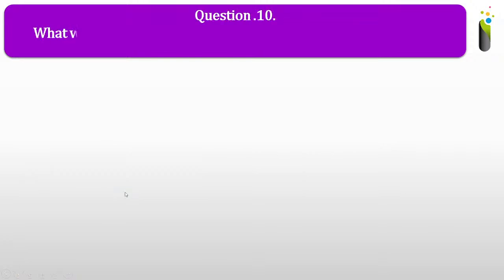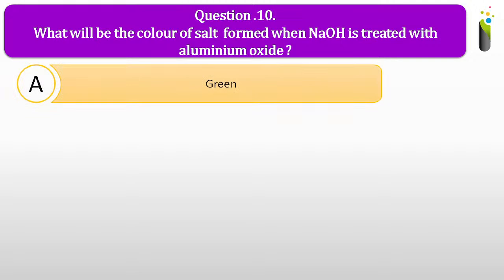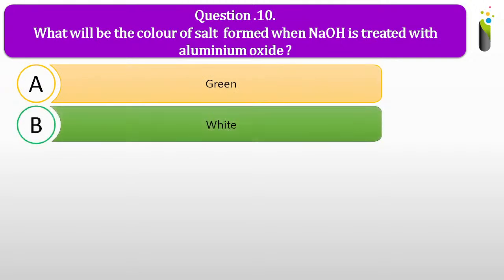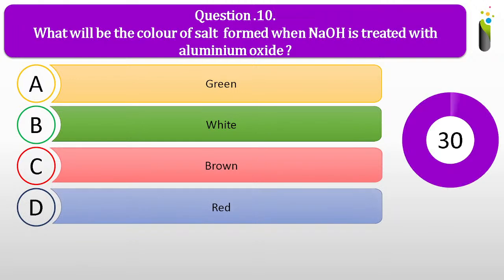Question number 10. What will be the color of salt formed when NaOH is treated with aluminium oxide? A. Green, B. White, C. Brown, D. Red. So what will be the color of the salt formed when NaOH, that is sodium hydroxide, is treated with aluminium oxide?